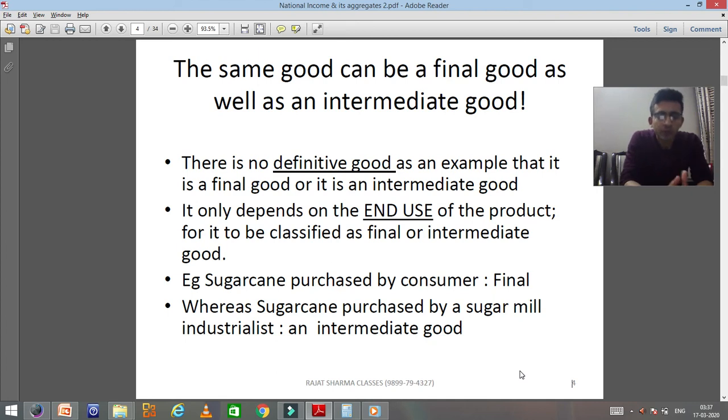Now there is no perfect example that this product is a final good or this product is an intermediate good. The same good can be a final good also. The same good can be an intermediate good as well. Let me give an example. It only depends on the last use, how you're using it at the end. Let's take sugarcane. If I'm purchasing sugarcane for consumption, it is a final good for me.